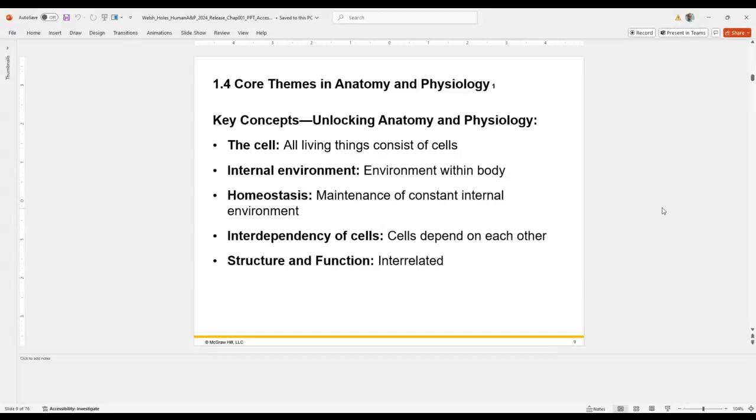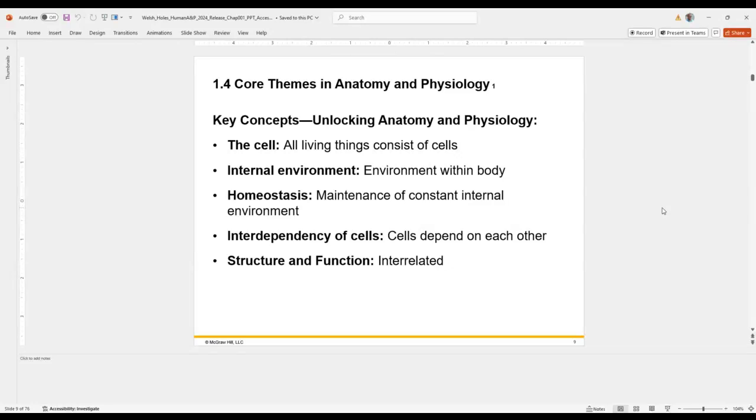Okay, moving forward, core themes in anatomy and physiology. Well, the cell certainly is one of the core themes, because all living things consist of a cell, and it's kind of the base level at which we often operate when we're trying to determine how something works.